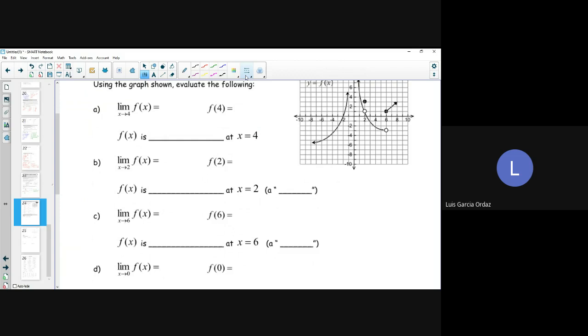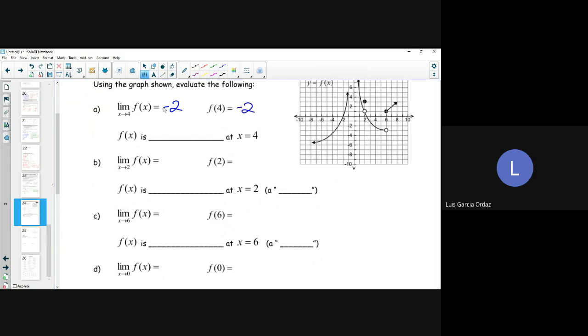I know it's not exact, but try to give me a whole number. -2. All right. If I evaluate f at 4, what y value should it throw me out? -2 as well.